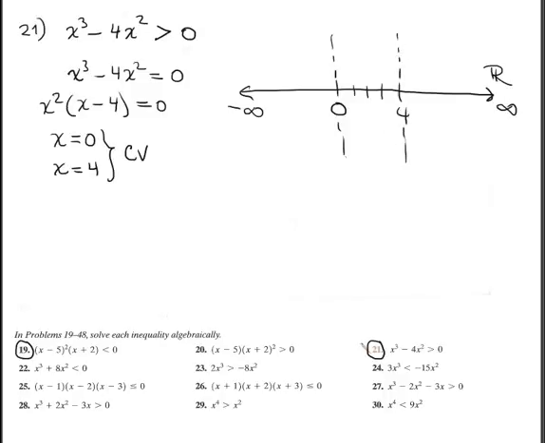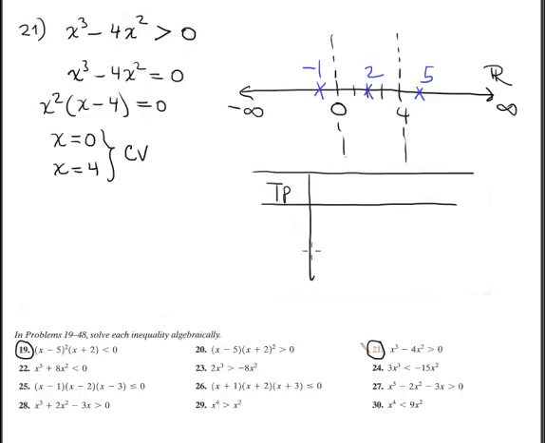Okay, after we select the testing point, maybe -1, maybe whatever here, 2 and 5. And after we're doing the chart. Testing point, and the factor.